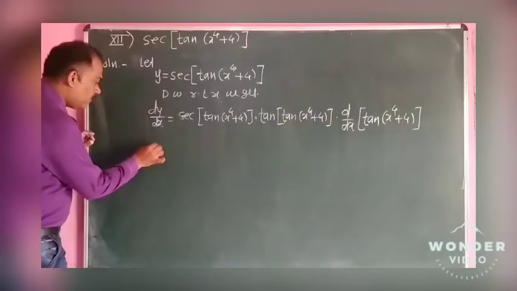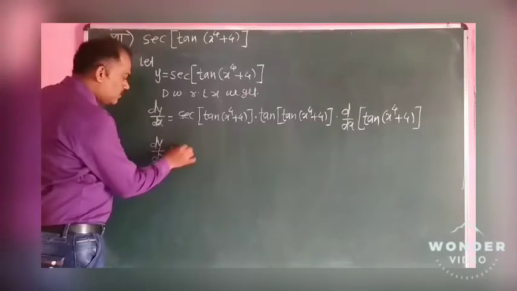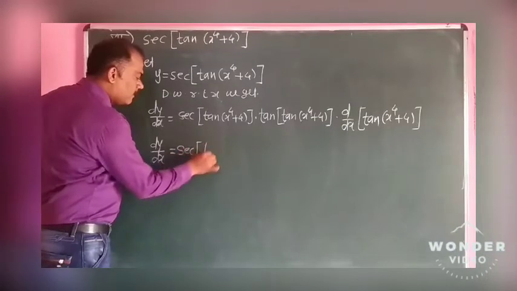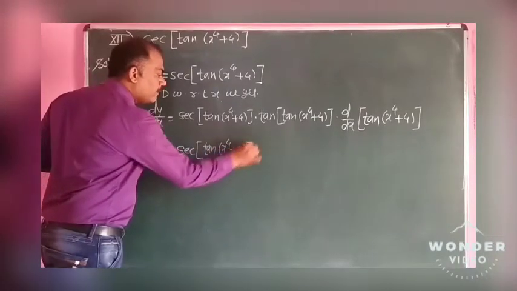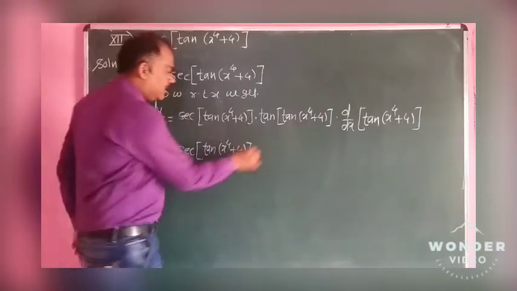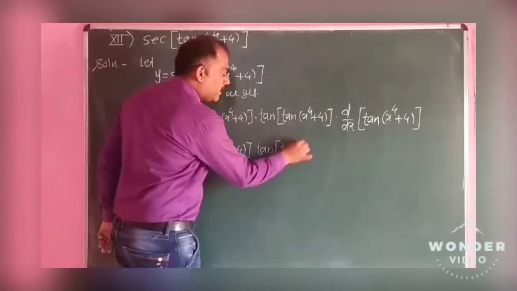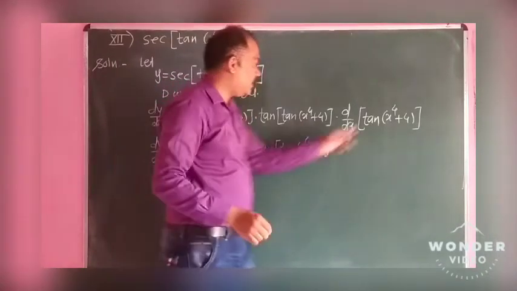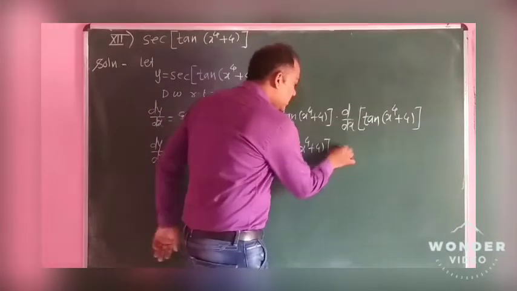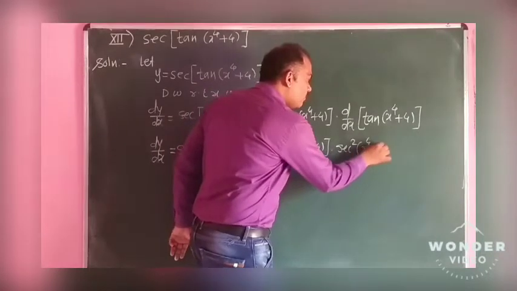So dy by dx is equal to sec of tan of x raised to 4 plus 4 into tan of x raised to 4 plus 4 into derivative of this tan, which is sec square theta. What is the theta? x raised to 4 plus 4.